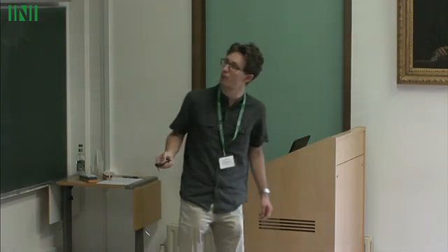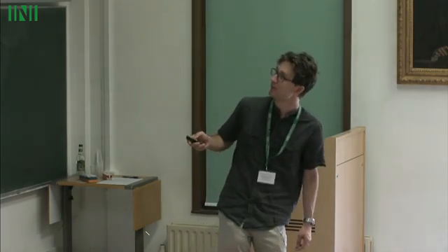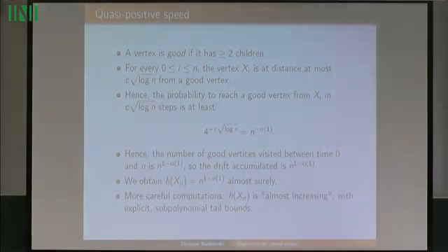I mean, the point where it's very important is here, because I say I visit n to the 1 minus little o of 1 good vertices, and they give me a drift of n to the 1 minus little o of 1. But if I had some very bad vertices with negative drift, then all these vertices would give me a negative drift, and this might cancel out this, and I would not get something positive. Yeah.